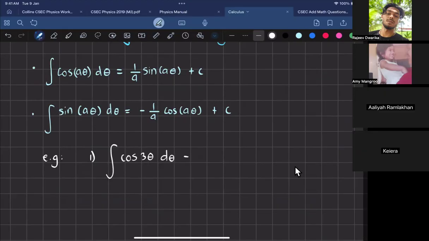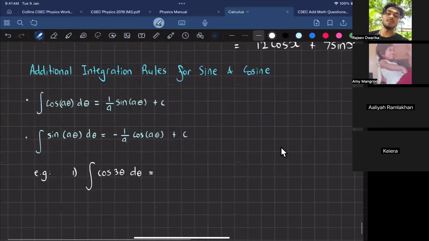Amy, if I had cos 3 theta d theta, what would that be equal to? I'd say sine 3 theta. Yeah, 1 over 3 sine 3 theta. Right? What if I had the integral of negative sine 2 theta d theta?